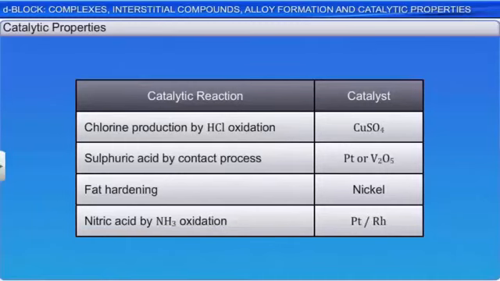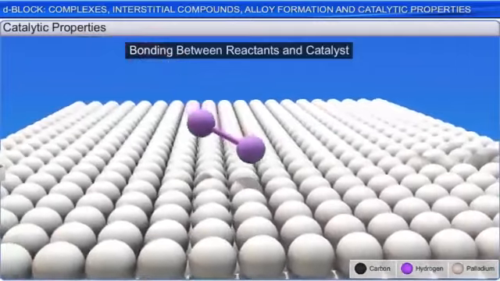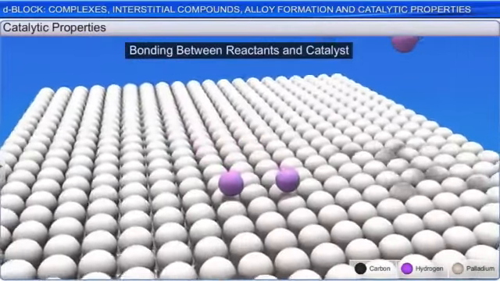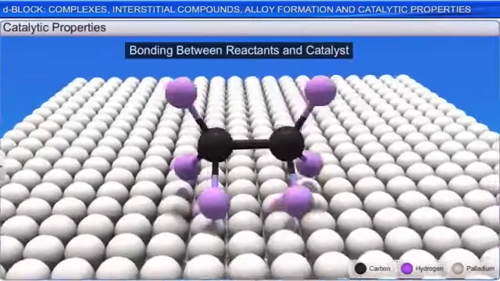Many views have been advanced to explain the mechanism of catalysis. In catalysis, at a solid surface, bonds would be formed between the molecules of the reactants and the surface atoms of the catalyst.